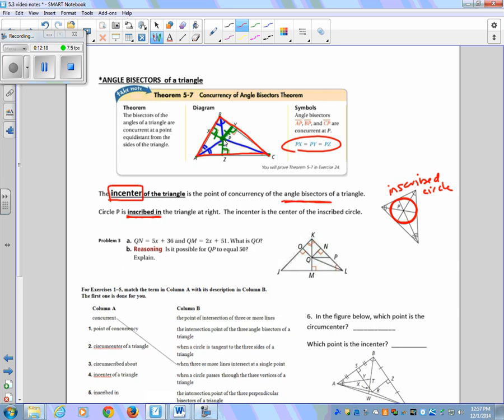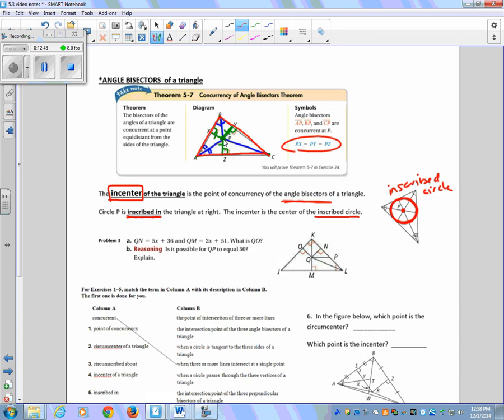An inscribed circle is just touching all three sides of the triangle. So this time it's inside. Instead of the circumscribed circle going around the outside of the triangle, the inscribed circle goes on the inside of the triangle. And it happens to be that where the angle bisectors intersect, the incenter, is the center of the inscribed circle.